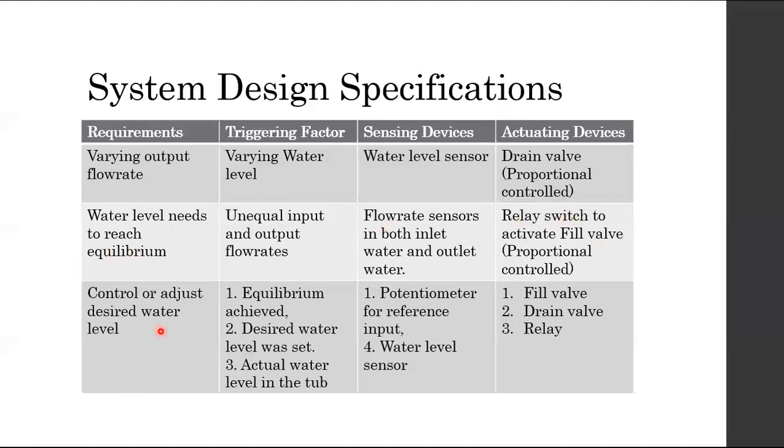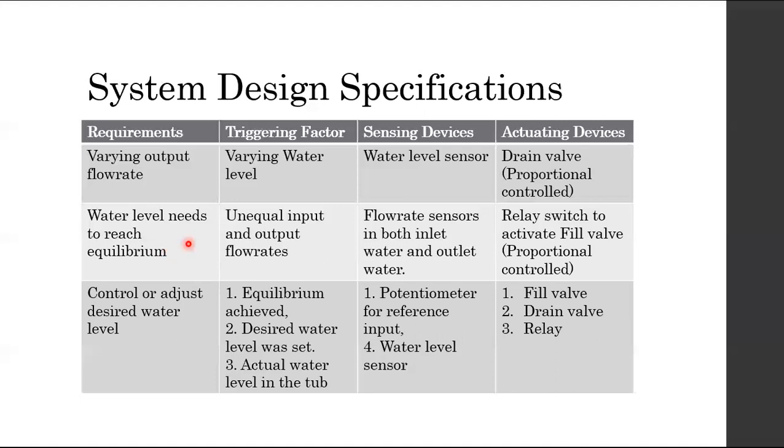At yung last requirement sa ating system is to control or adjust the desired water level. Okay? Ang kanina kasi, yung constant water level na ma-achieve, hindi pa yun yung desired water level ng gagamit, no, ng bathtub. Okay?